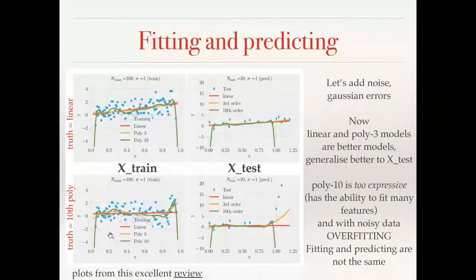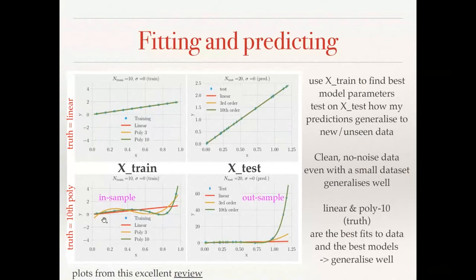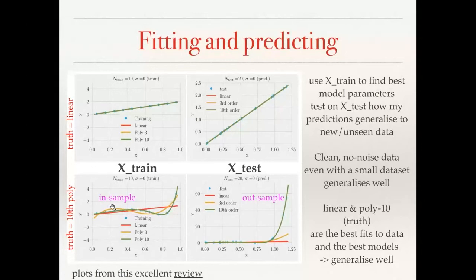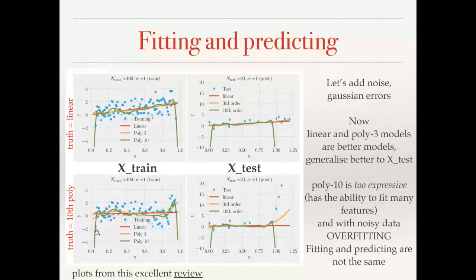Same happens here. Let me go back for a second. The data we are showing is the same as you can see here, now with 100 points and with some Gaussian noise added on top. So you see now it is a mess. We don't see that structure at all.